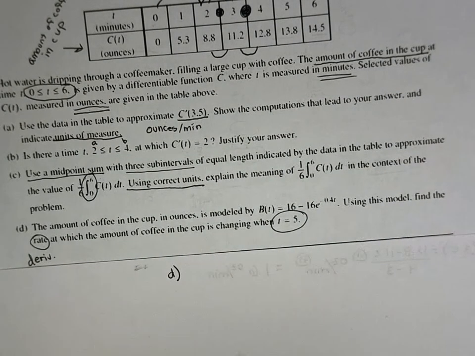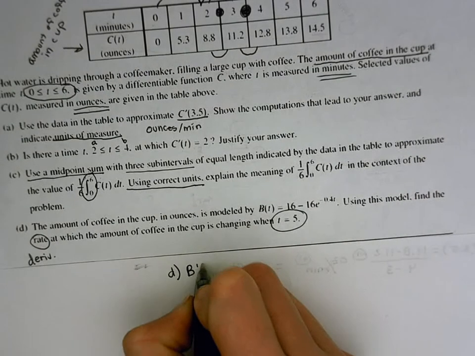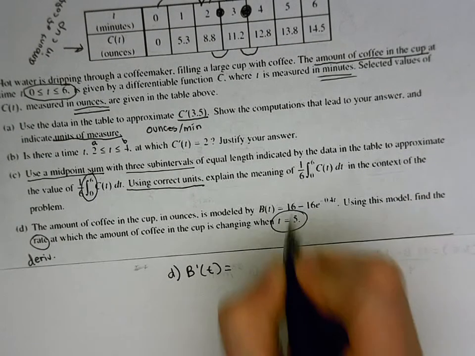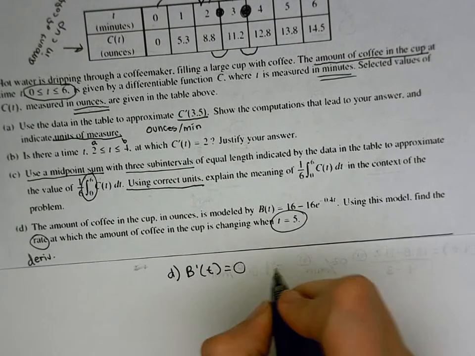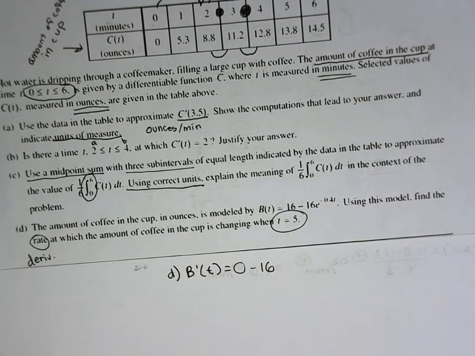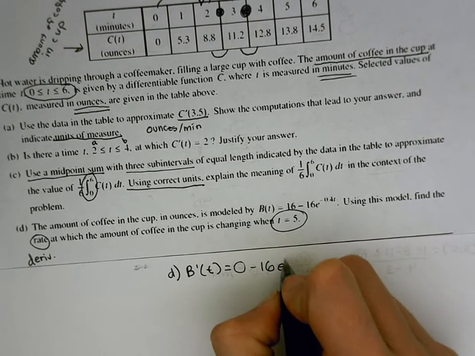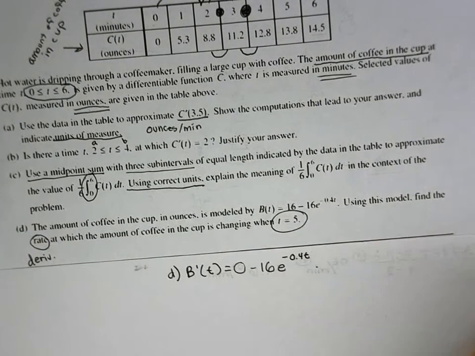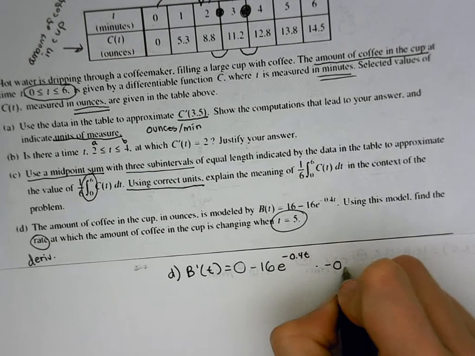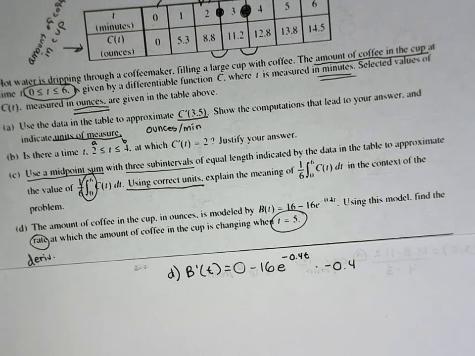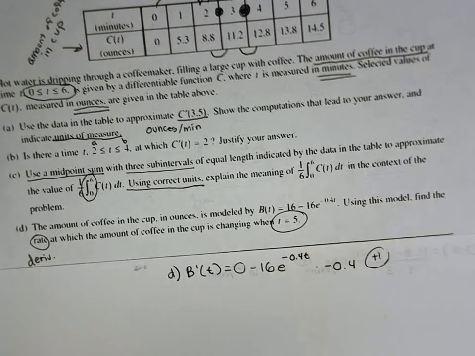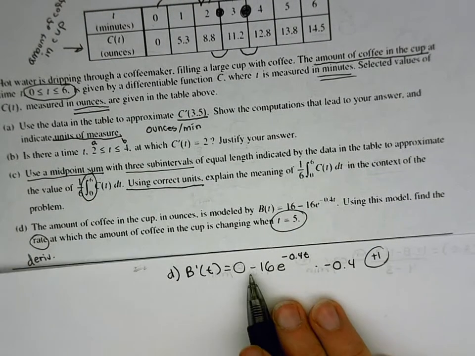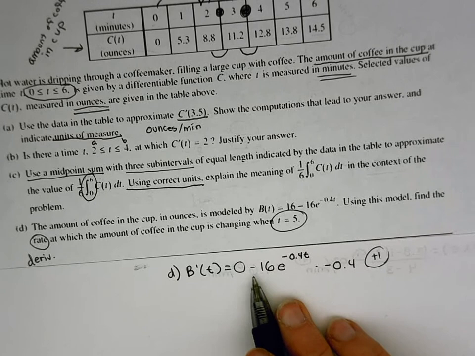Okay, so my derivative: 0, negative 16 is a coefficient, and e to the u is e to the u times u prime, 0.4. And that would have been a point for taking the derivative. And you could have not had the 0 out front here, or done the 2 negatives make a positive.